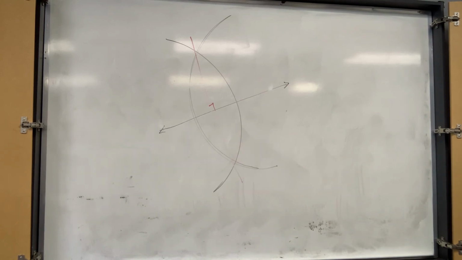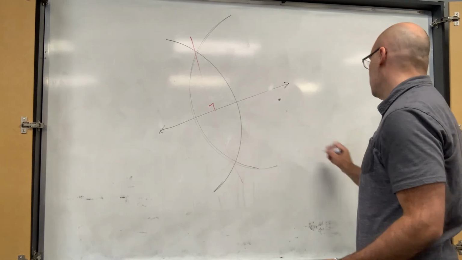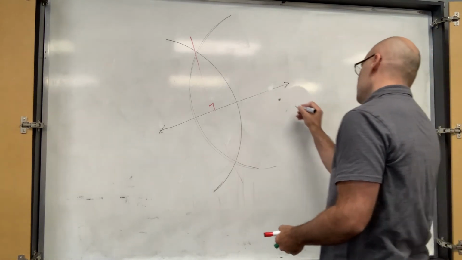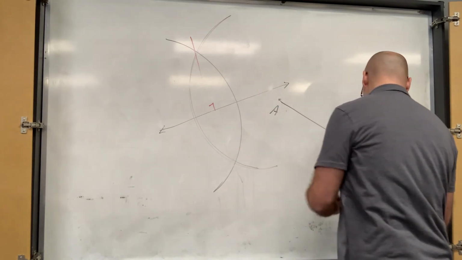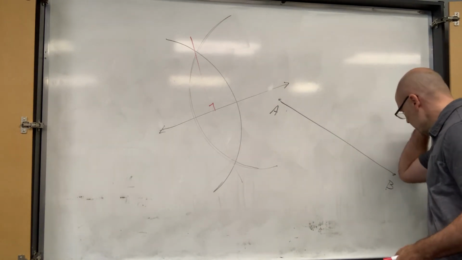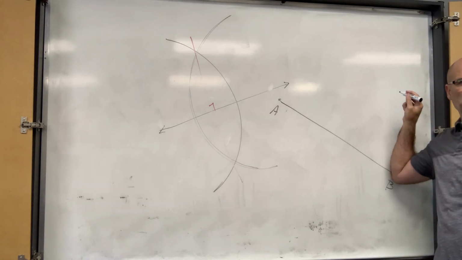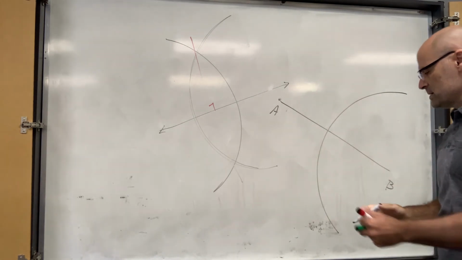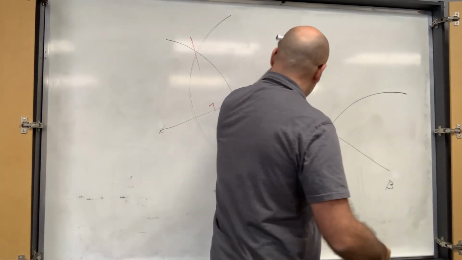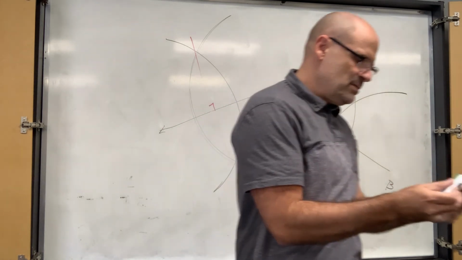If I had a line segment, like this line segment AB, I put the pointy end of my compass on B and create those arcs, and then I put the pointy end on A, and it makes two arcs like that.